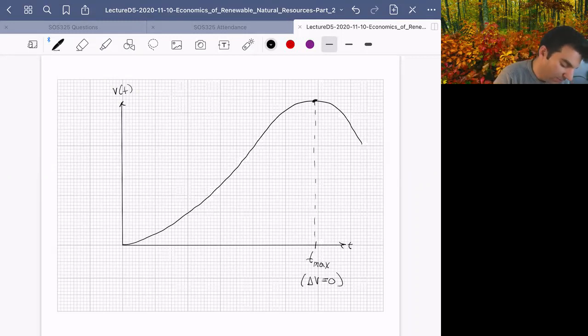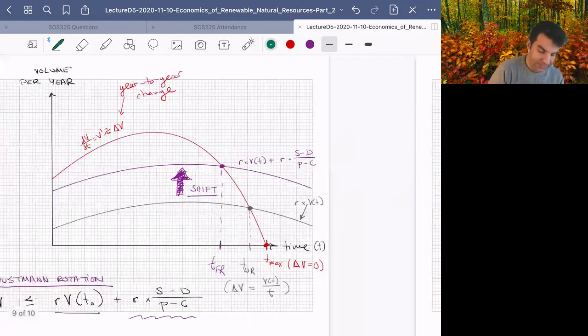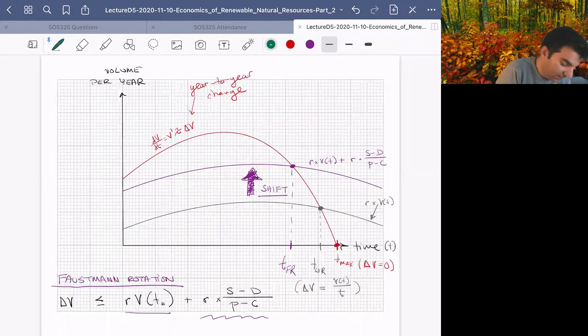Then there was the biological rotation, which I can draw in maybe with a green line. Right there. So this is our biological rotation. And that occurs when delta V is equal to V over T. And I just realized that for some reason I wrote that here, and I apologize for that.